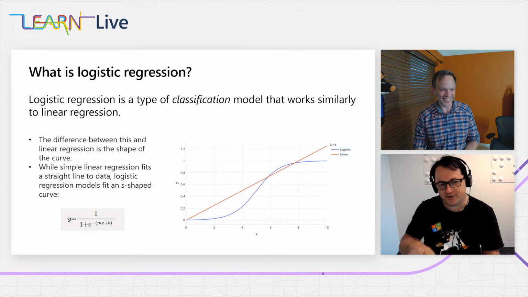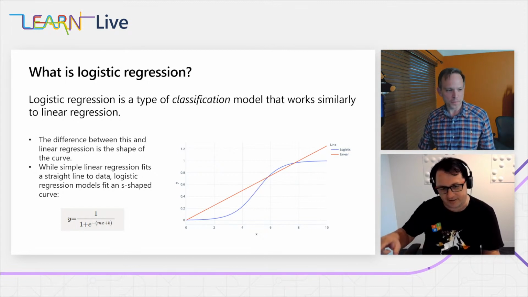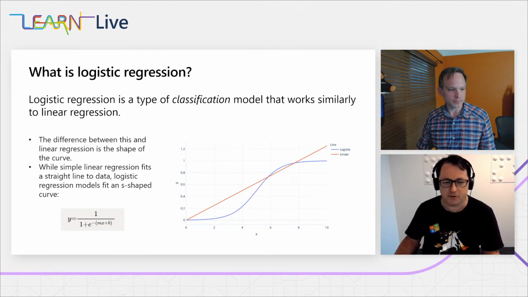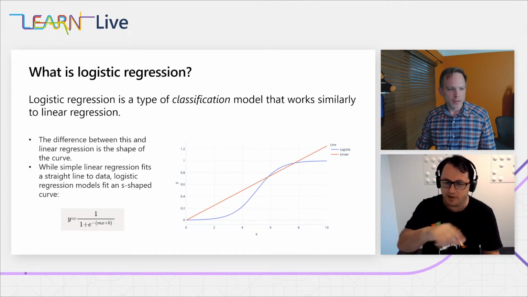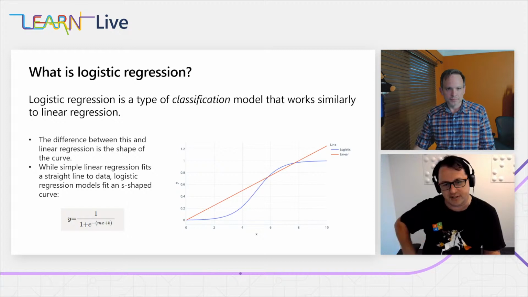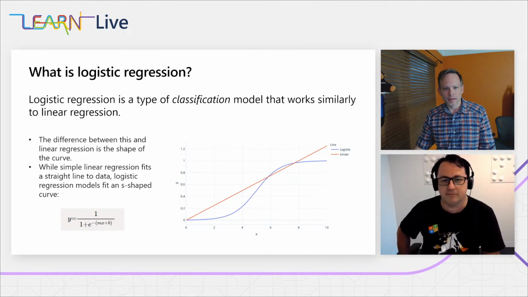It is, but I can see on the chart on the screen, it actually looks like a regression as well. We've got our red line that's looking like the linear regression, but our logistic regression is in the blue. So it's probably doing the same thing, but it's a different shape, almost like the polynomials we were talking about before, right?